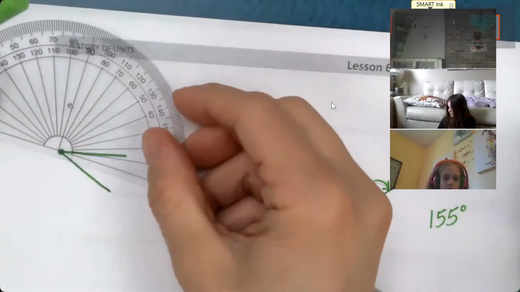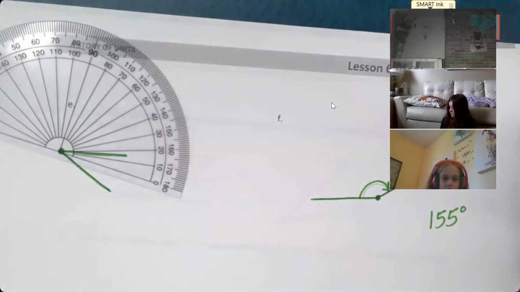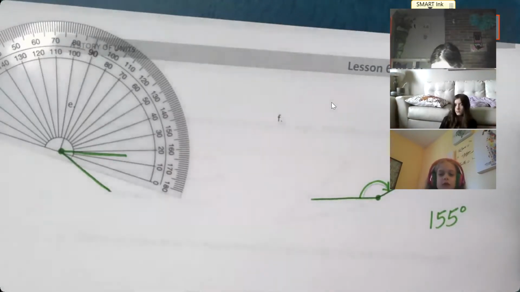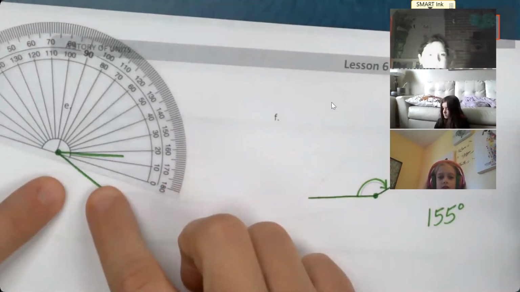Okay. But then you have to rotate it so it looks straight, I think. Yeah, I've got to turn this around because I need to get this bottom leg on a 0.